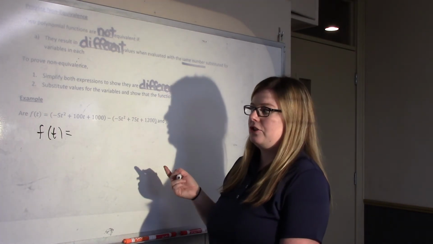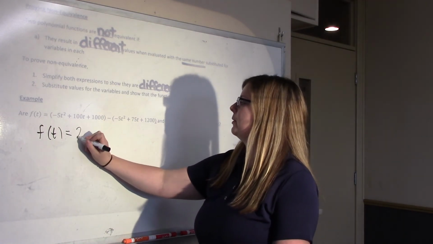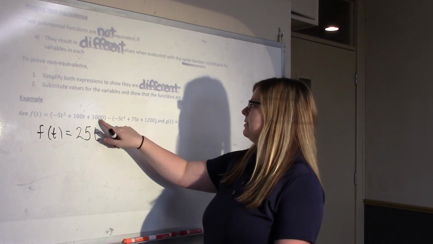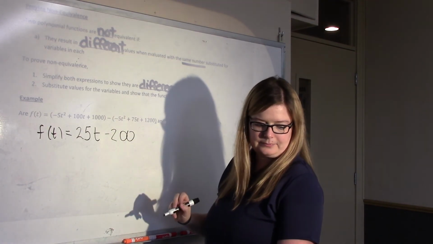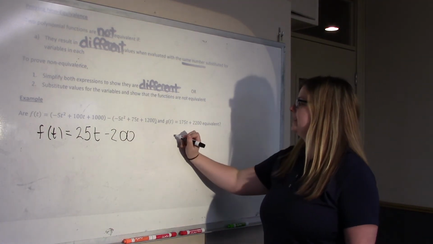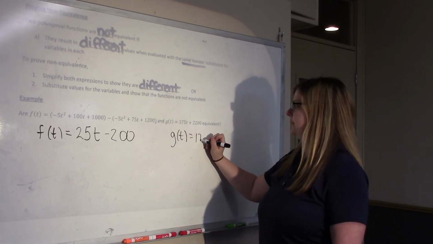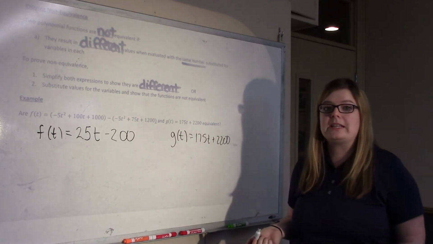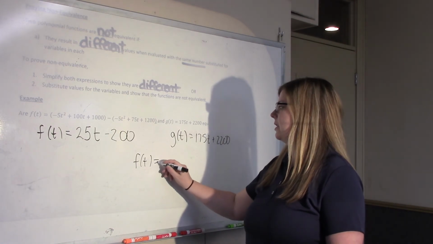No t squareds at all, actually. 100t minus 75t, so 25t. And then 1,000 minus 1,200, so minus 200. All right? And then g at t, there's nothing to simplify. So right away, you can see they're not equivalent, so you can just say f of t does not equal g of t.